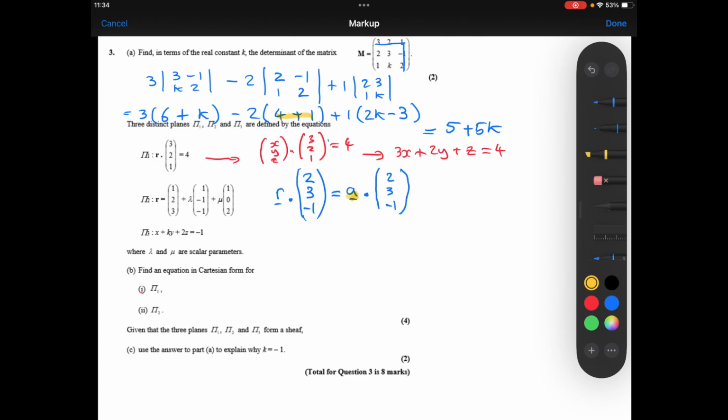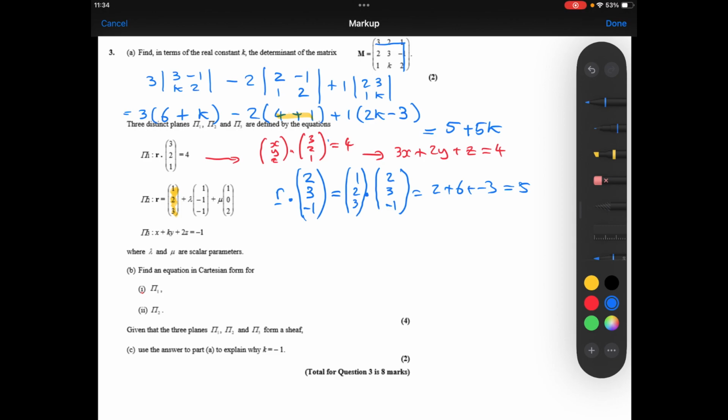Remember, A is just a general point on the plane, which I've got here as 1, 2, 3. The 1 times the 2 plus the 2 times the 3 plus the 3 times the minus 1 is 5.